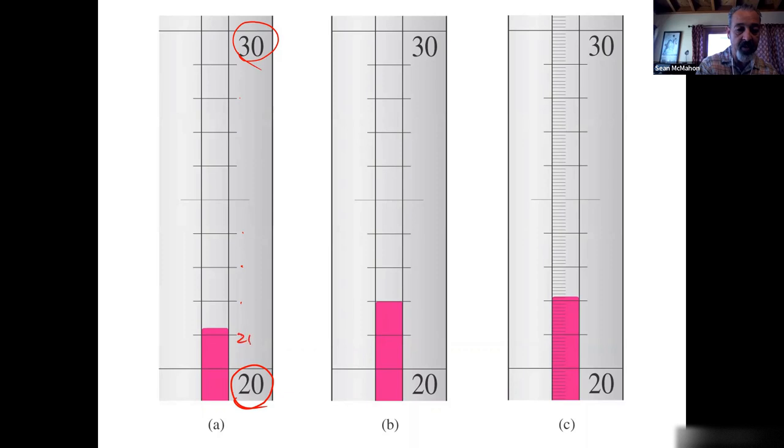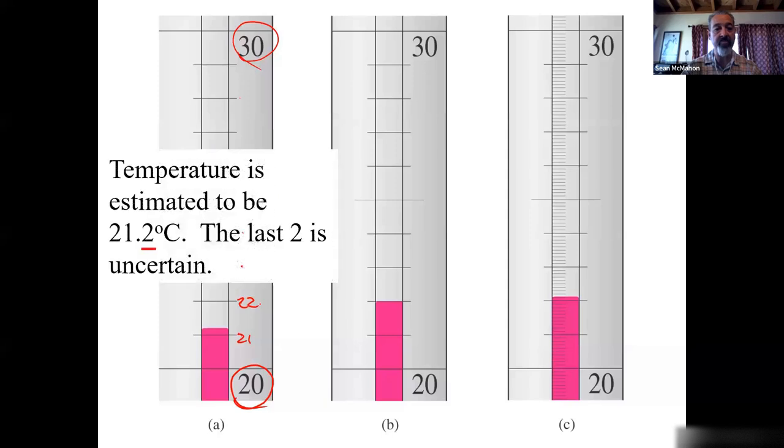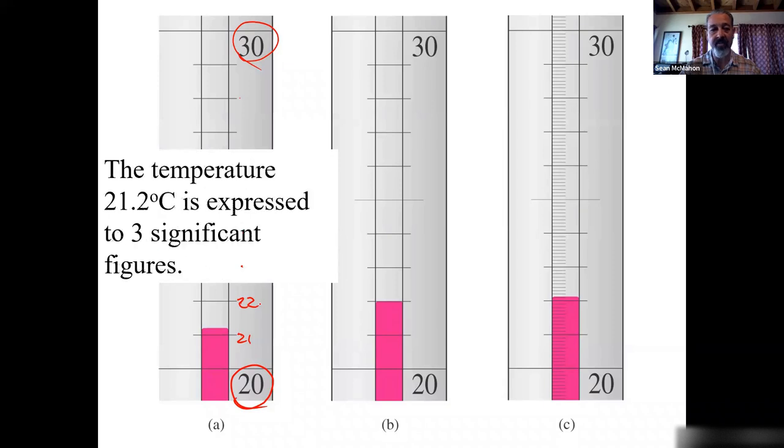This would be 21, 20. Each graduation's to the ones. I should be able to go to the tenths. Okay. I know it's a little bit more than 21, a little less than 22. What do I get? I go to the tenths. I say it's 21.2. Oh, it's a thermometer. 21.2 degrees Celsius. Okay.